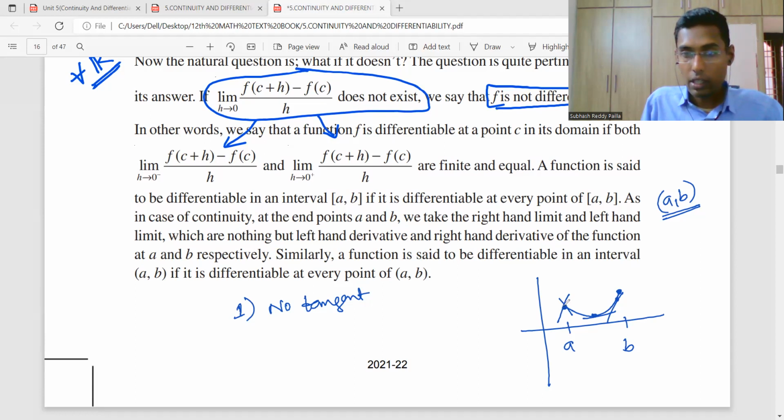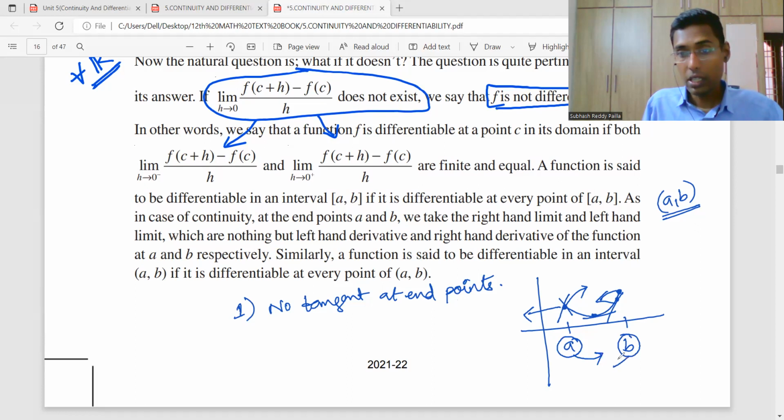Left-hand differentiation doesn't exist at A; you have to look for right-hand differentiation. Number one, no tangent at end points. That means at A it is not differentiable and at B it is not differentiable, but at A it is right differentiable, and at B it is left differentiable.